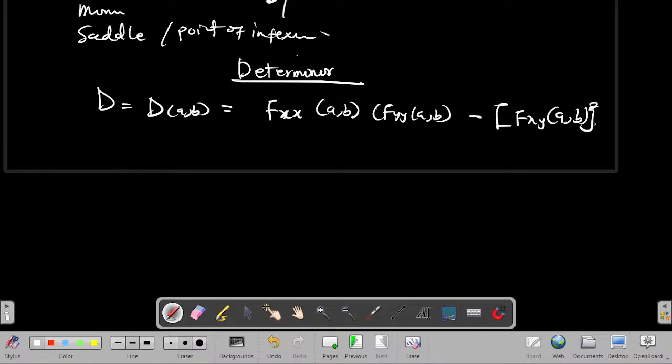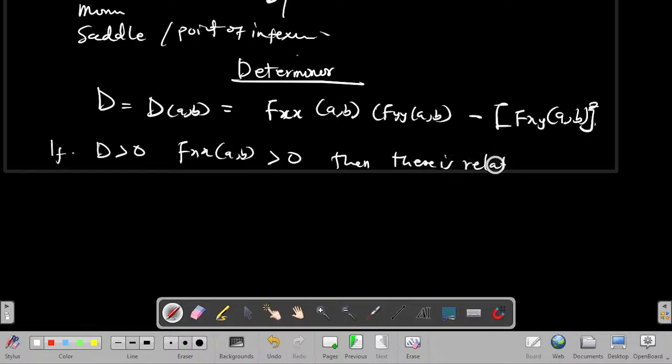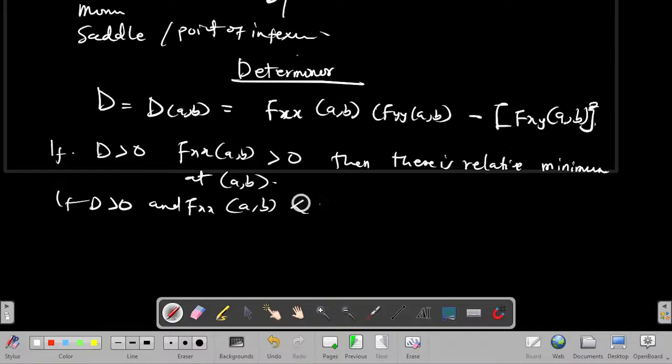So now these are the algorithm. One, if D is greater than 0 and fxx at (a, b) is greater than 0, then there is a relative minimum at point (a, b). If D is greater than 0 and fxx of (a, b) is less than 0, then there is a relative maximum.